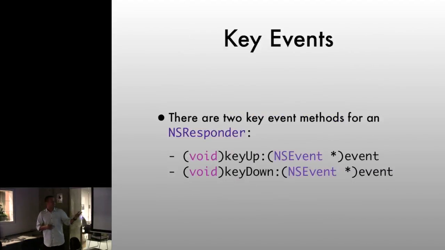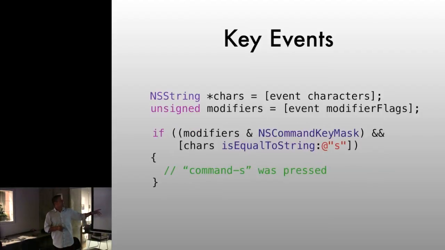The two keyboard events for an NSResponder are key up and key down, pretty obvious. So you can query the event for the characters that were currently pressed when the event occurred. You can also ask for the modifiers that are currently being held down at the same time: Control, Option, Command, Shift, and Function.